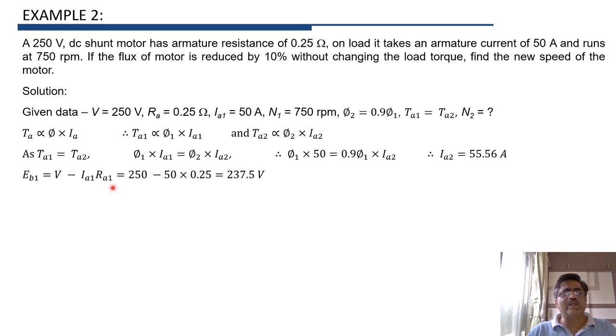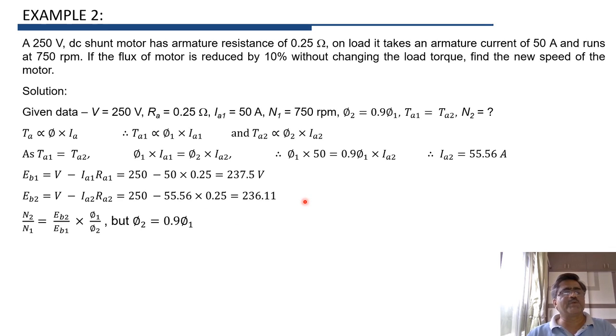So substituting the values of V, Ia1 and Ra1, we get EB1 as 237.5 volt. Then EB2 is equal to V minus Ia2 into Ra2. Now Ia2 is 55.56 and Ra2 and Ra1 are same. So EB2 is equal to 236.11.